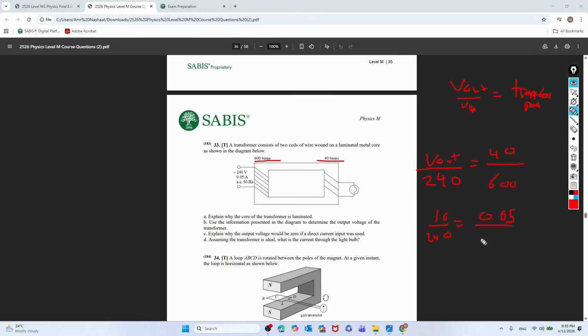Let me do it on my calc. You get 0.75. That is the current through the bulb. This is the bulb, it's the output current, 0.75.